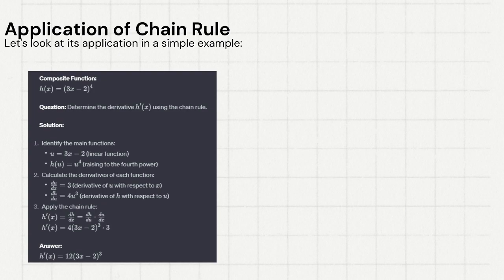And then we apply the chain rule. h'(x) equals dh/dx equals dh/du times du/dx. h'(x) equals 4(3x minus 2) to the power of 3 times 3. And the answer is h'(x) equals 12(3x minus 2) to the power of 3.